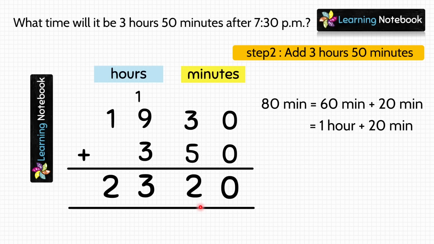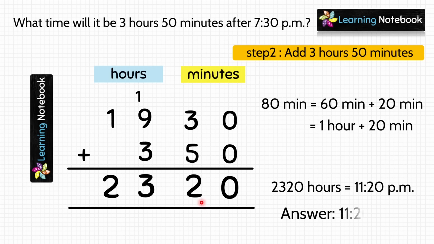But students, we have to tell the time after 7:30 p.m., which is in 12-hour clock time. So let's convert 23 hours 20 minutes to 12-hour clock time using the same steps which we learnt earlier.